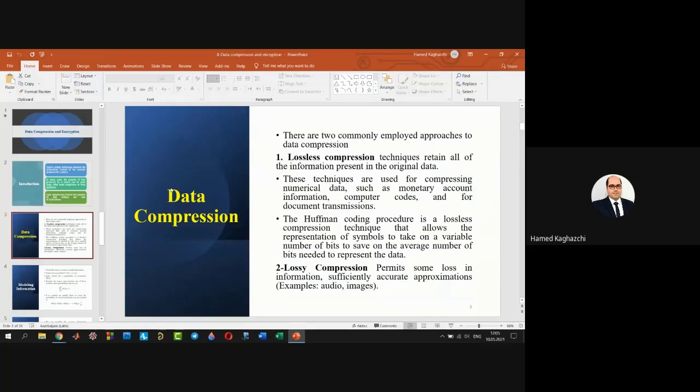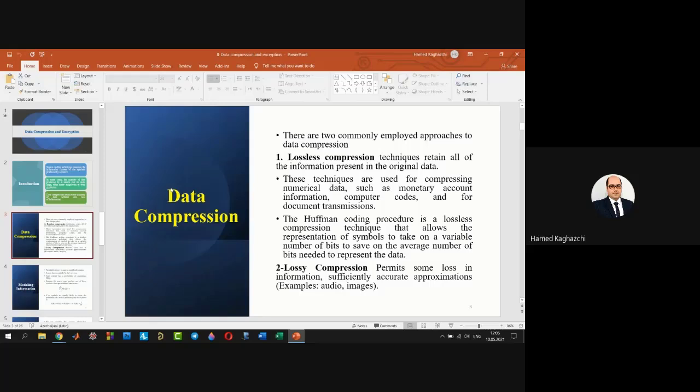Okay, generally, we can consider two approaches to data compression. The first one is lossless compression, and the second one is lossy compression.